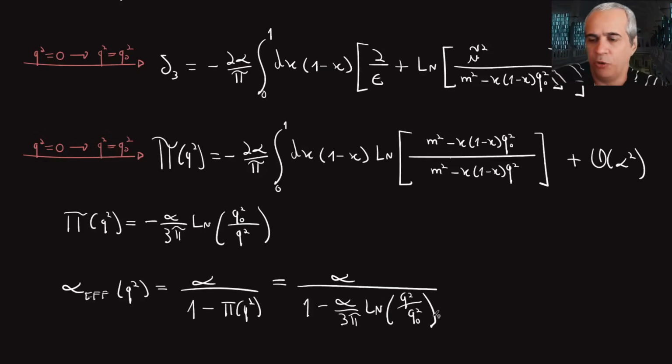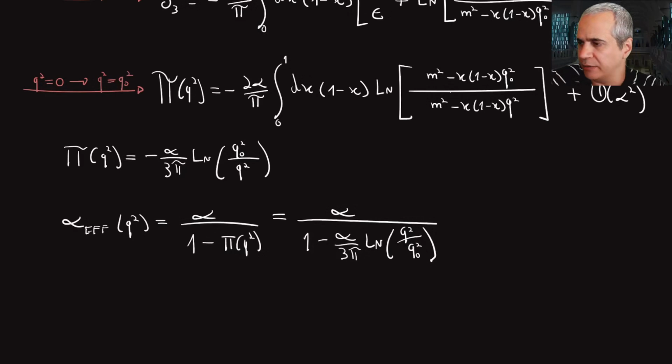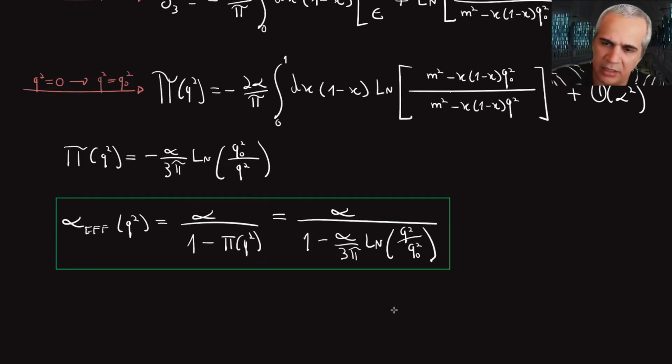So now it should be pretty clear that the Landau pole is still here, but it's not just for high Q squared.